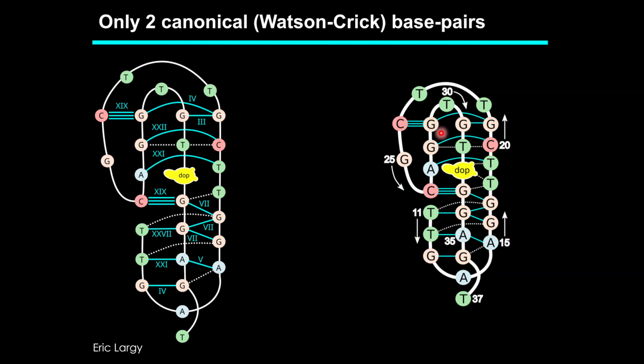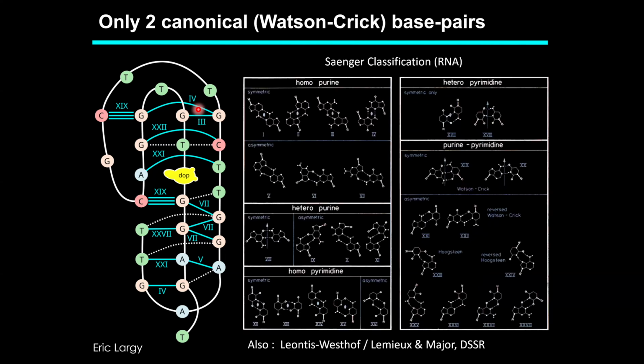So these numbers here that are shown in the structure on the left, if you were looking at an RNA structure, tRNA, ribosome, you would classify the base pairs not just as G, C, or A and U. You'd actually classify them by exactly what type of interaction is going on with the base pairs. Watson-Crick is one of them, but there are many other ones as well. So that's where these numbers come from. This is from RNA folds, there's different classifications.